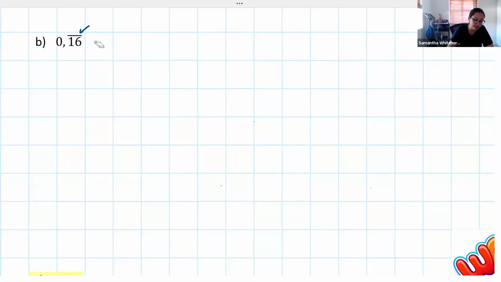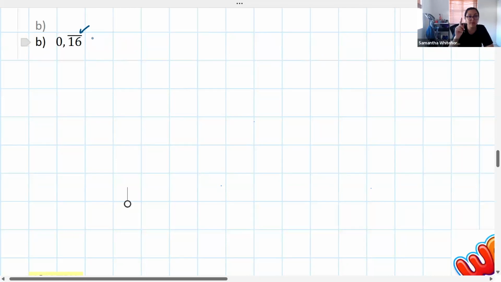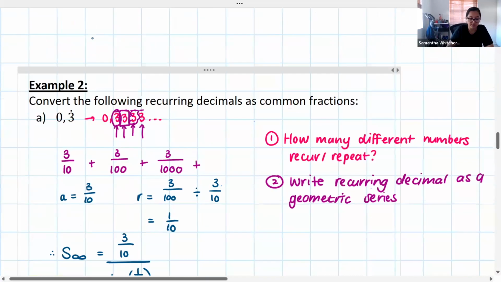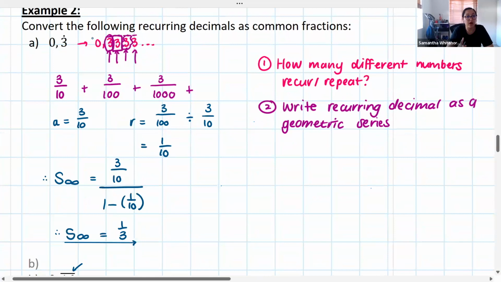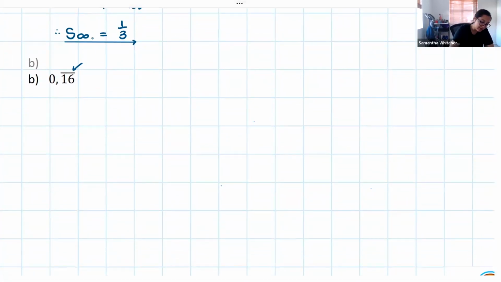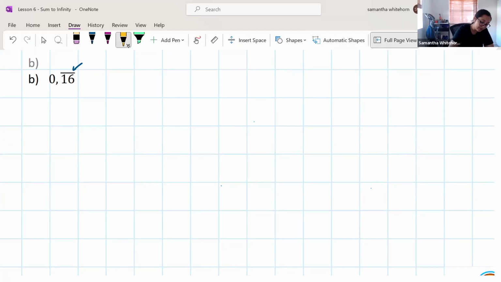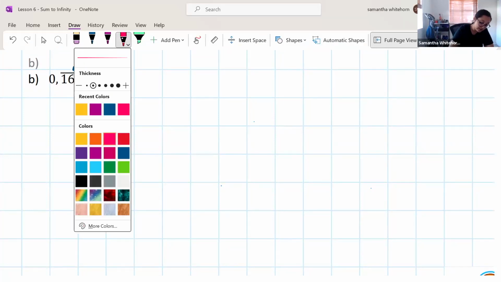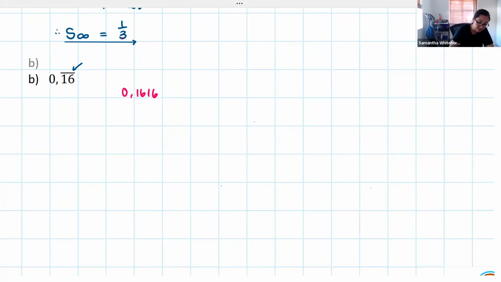Okay, so step 1, we go back to our steps here, is how many different numbers are recurring. So if we go and write this out as a recurring decimal, we now need to be mindful of the fact that it's actually 2 values. It's 0.16, 16, 16, and so on. So there are 2 numbers that are recurring now.